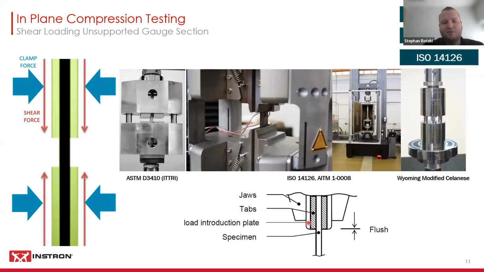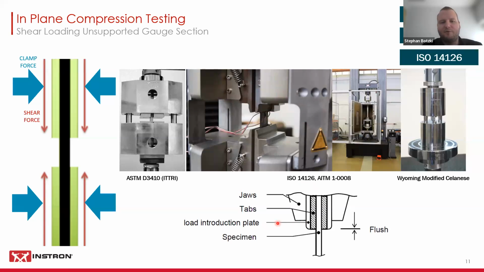The load introduction plate will be beyond that, and this really helped, on the one side, to get the failure in the unsupported gauge section here, where you're actually also measuring your strain, and at the same time it also helped Airbus to not have the ends crush if you do something like combined loading. So they get much higher forces out of this, and they also get the failure where they want it.